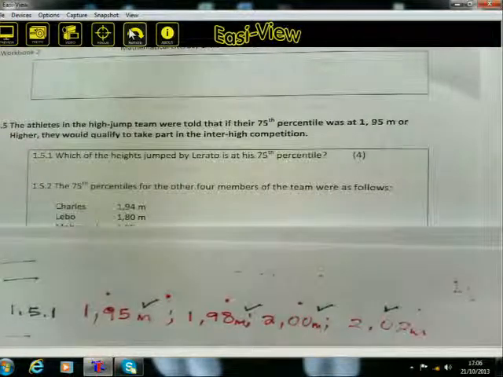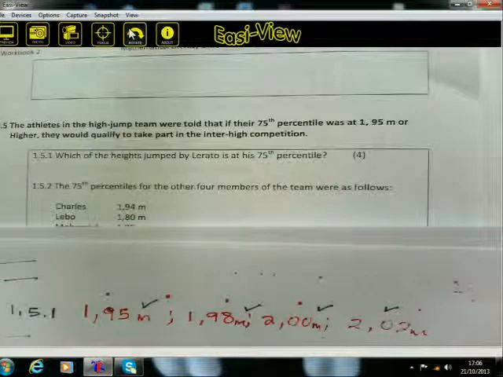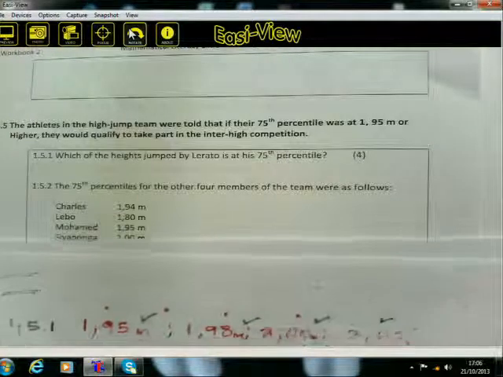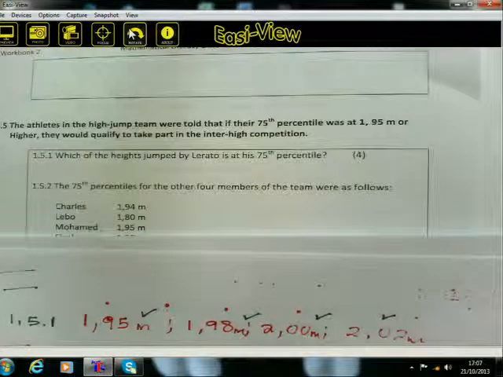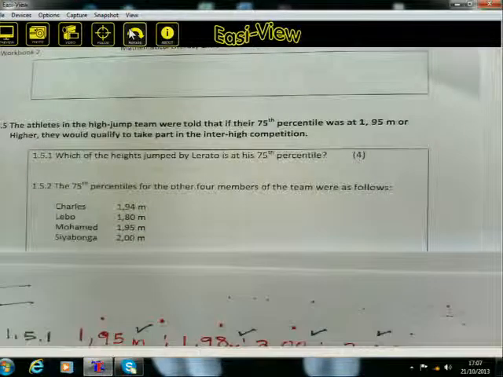Lebu 1,80 meter. Mohammed 1,95 meter. Siyabonga 2,00 meter. So these are the heights that they got when they were at 75th percentile.